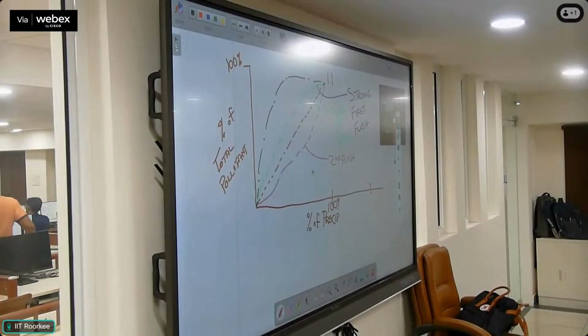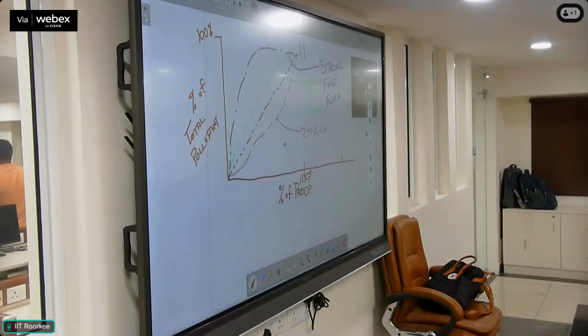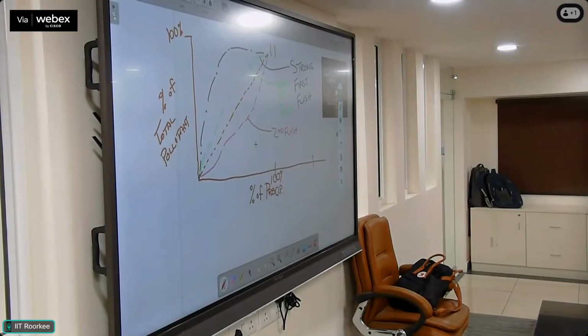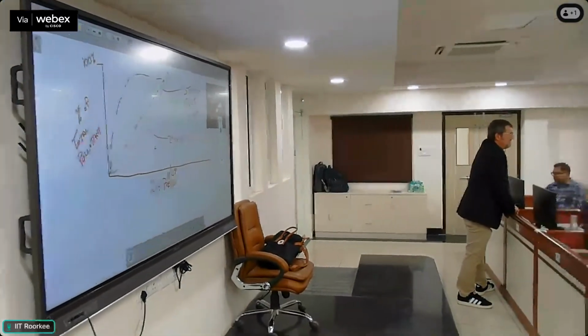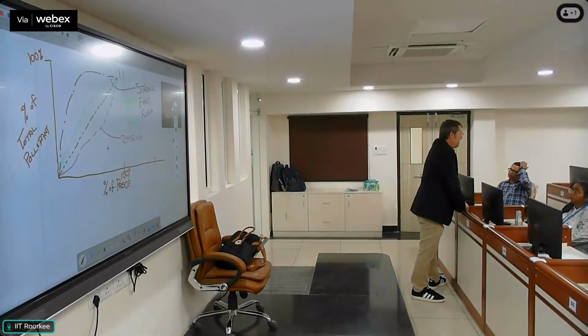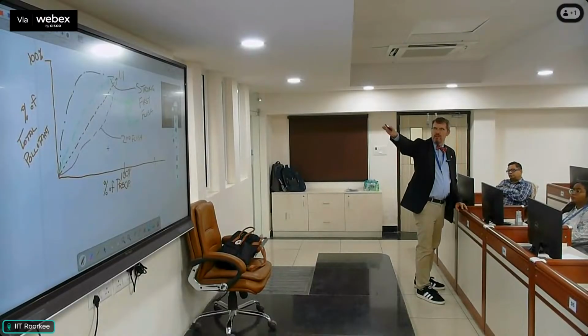Different pollutants will tend to follow different ones of those: strong first flush, weak first flush, or a second flush. How many of y'all think that solid sediment follows? If you had to pick for sediment, which one of those would you guess sediment has?